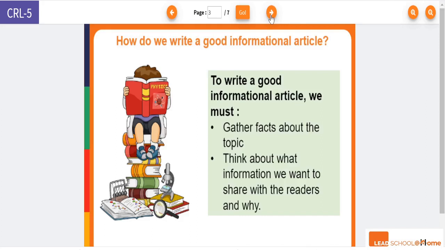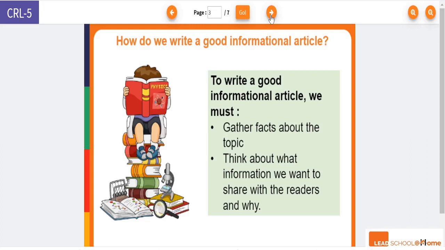How do we write a good informational article? To write a good informational article, we must gather facts. We need to gather facts about the topic. Think about what information we want to share with the readers and why. Now, you can write so many things about bicycles, right? You can write why we use bicycles, or what are the small machines that make a bicycle work.